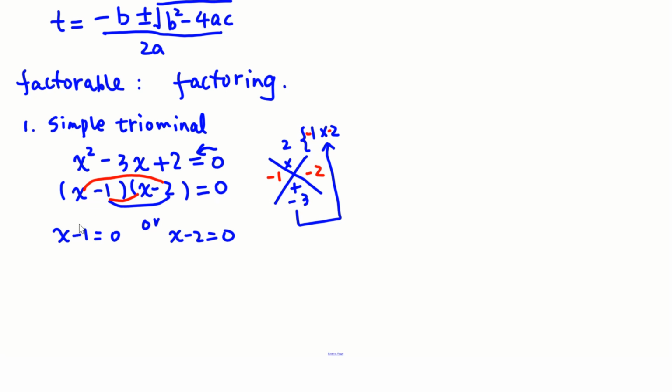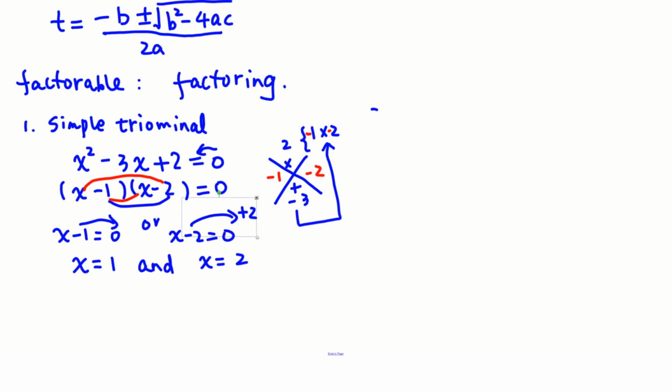So as long as we find the number that will make x minus 1 equal 0, then that is one of the solutions for this quadratic equation. And for this one, the opposite operation, plus 2, gives x equals 2. So these are the two x-intercepts found by factoring.